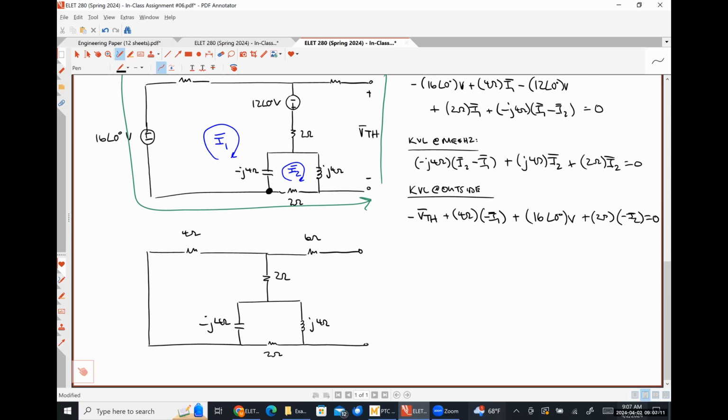All right, so what's the problem with this network? Why can't we just do simple impedance combination here?